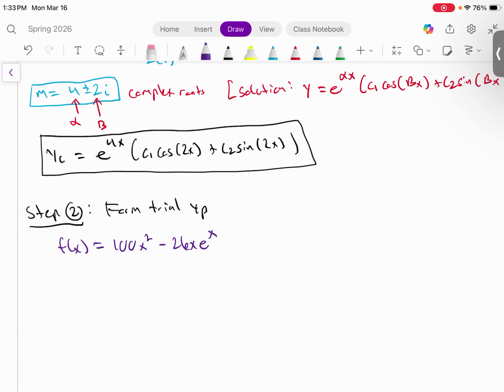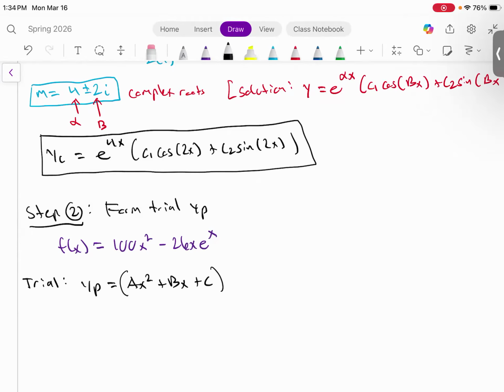We have a lot of moving parts for this trial particular solution. We have a quadratic up front, and then we have an x times e to the x. So a trial particular solution would look something like this: y sub p equals, taking care of that quadratic first, ax squared plus bx plus c. That would be the first component. Let me put parentheses here to make sure that's for sure from the 100x squared.